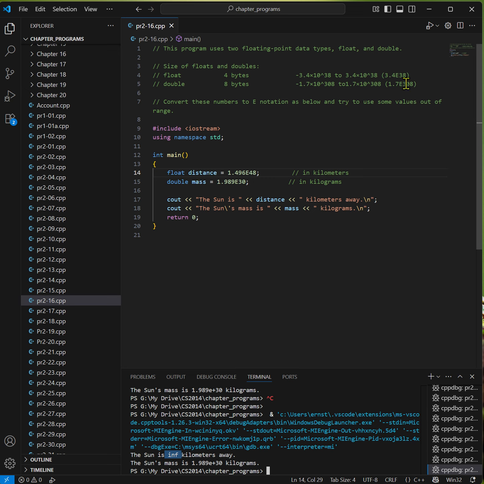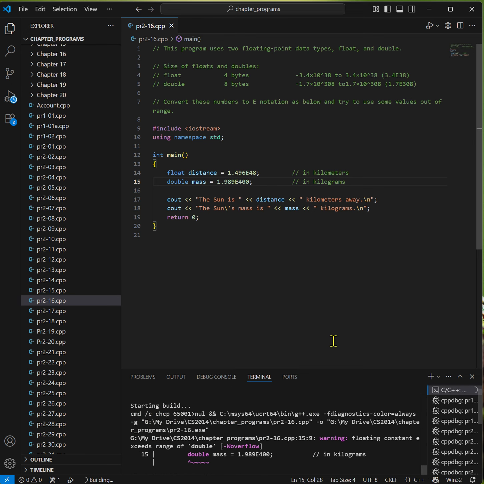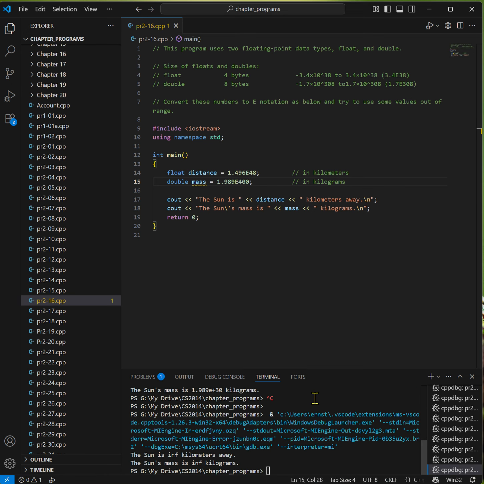If I do something out of range over here, this is E308, and I'm just going to make this 400. And again, it's just listed as infinity because these are not valid numbers, and that's how this particular compiler handles this.